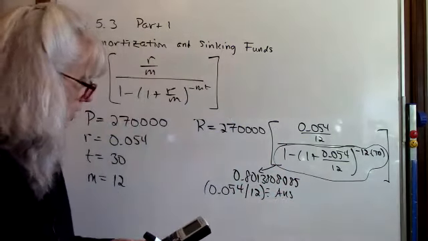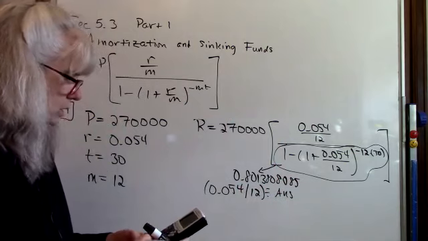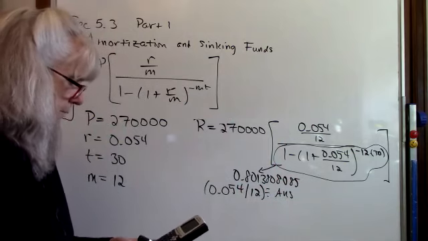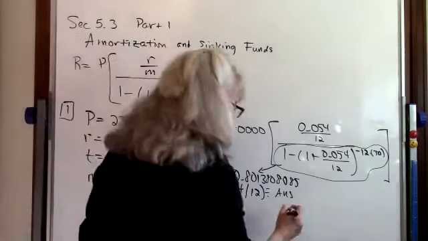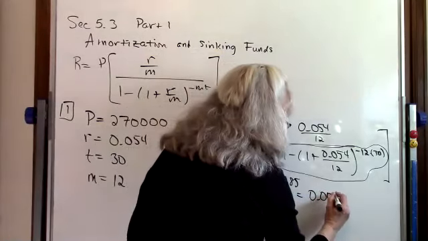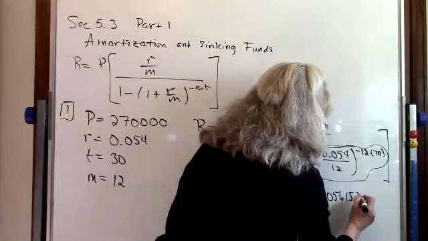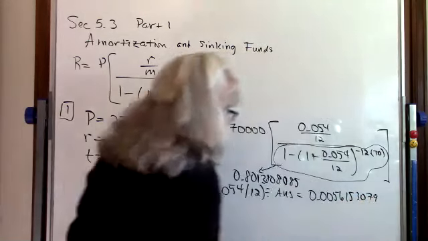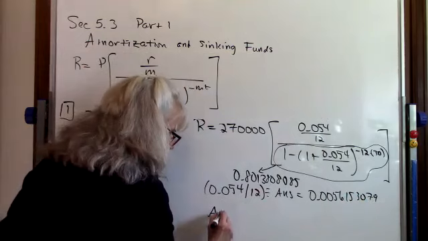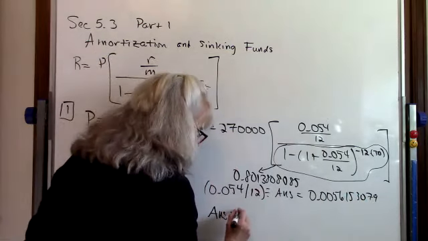We're letting the calculator carry all those digits because it just works better. If you do that, you end up with 0.0056153079.